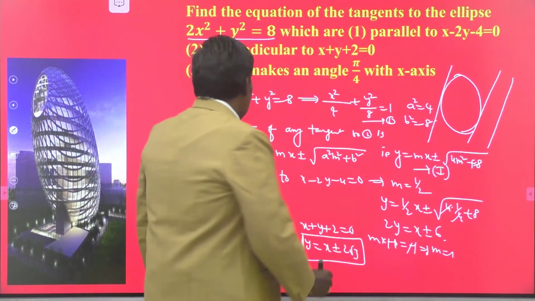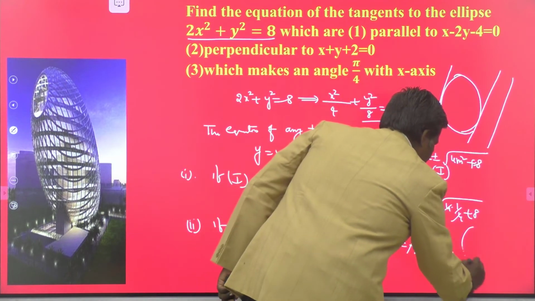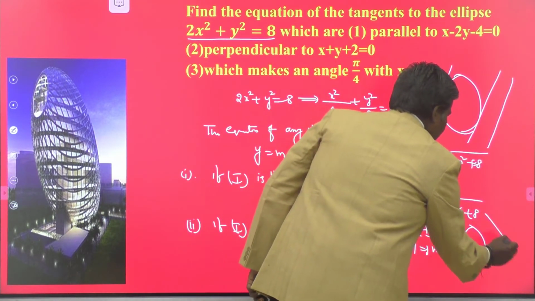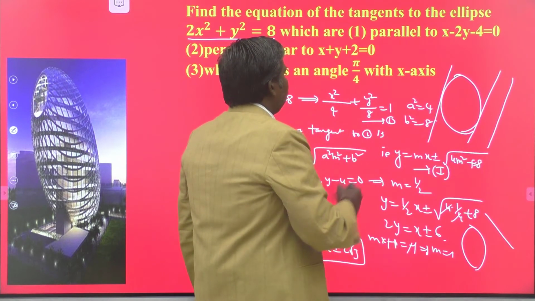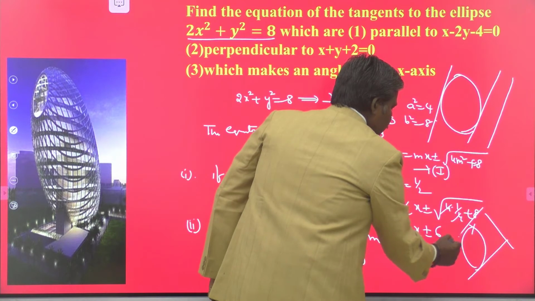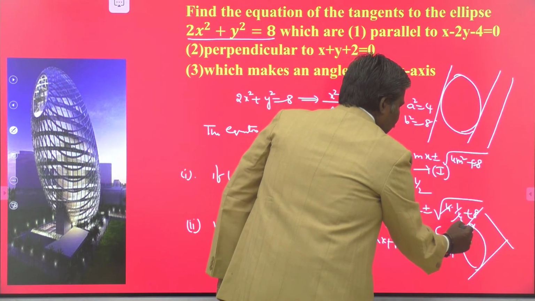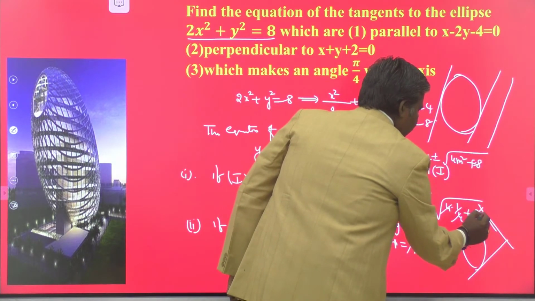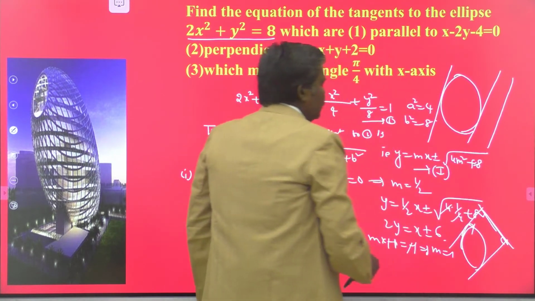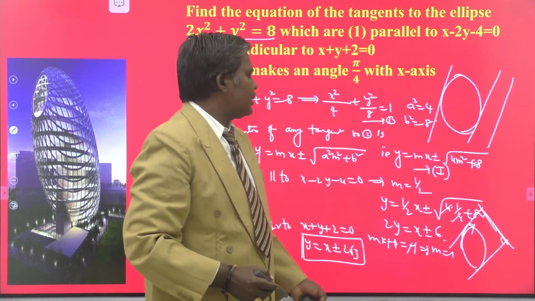Suppose it is our ellipse. I am writing a rough diagram. This is your line, x plus y is equal to minus 2. We are drawing tangents to this ellipse which are perpendicular to the line. Your line is in this manner. These are two tangents to our ellipse which are perpendicular to that.